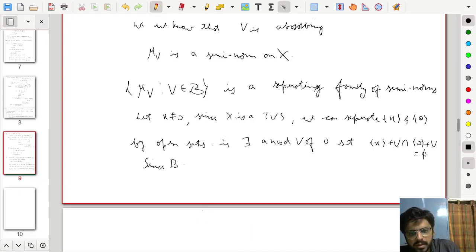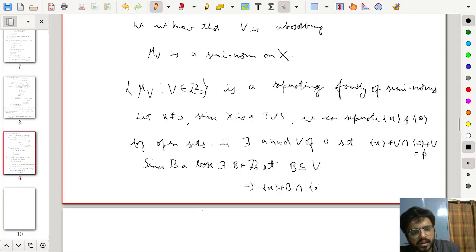Since script B is a base, there exists some B belonging to script B such that B is contained in V. This implies singleton x plus B intersection singleton 0 plus B is empty.